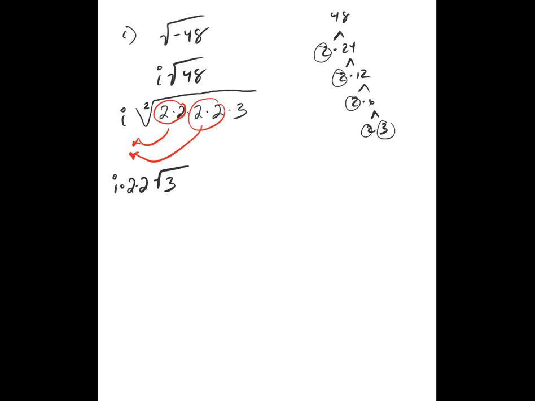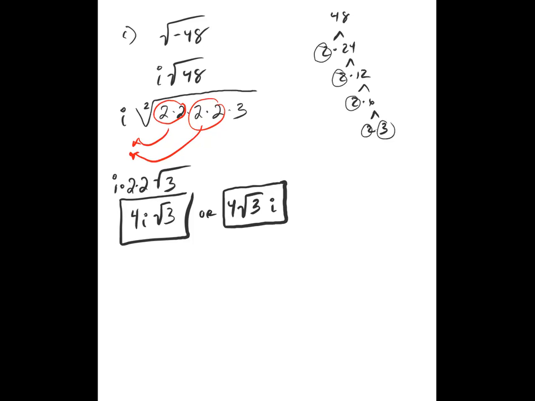And I multiply this out, right? I'm left with 4I square root of 3. Or you can also write it as 4 square root of 3 with the I afterwards. All right, so this one's a little nicer because we did have to simplify that radical in there, right?